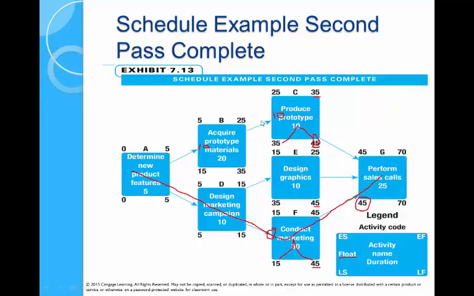So there's 10 days float here, 10 days float here, but what that means is for activities B and C, the total float is 10 days for those activities. For activity E, the total float is 20 days. So it's a difference between the early start and the early finish.